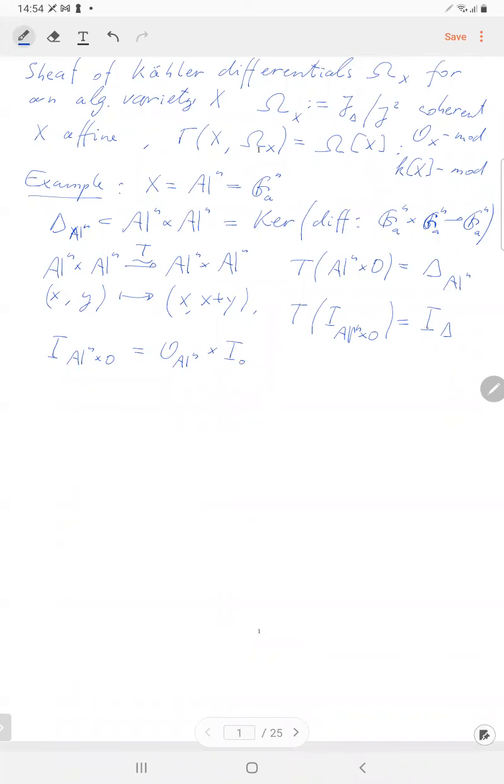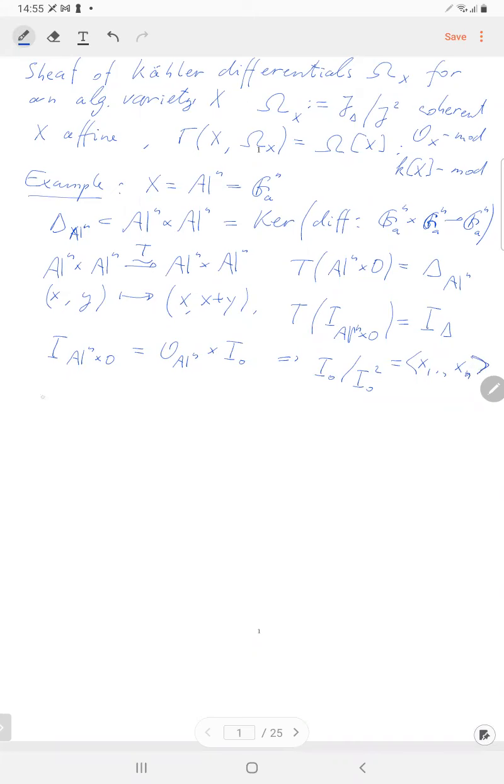Okay, but the ideal of the origin in the second copy is just the maximal ideal. We know its generators; they are just the usual coordinates, and so hence the quotient module of the square is just a free module, just the vector space with generators x1 and so on, xn, an n-dimensional vector space.